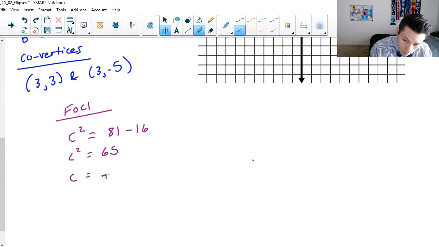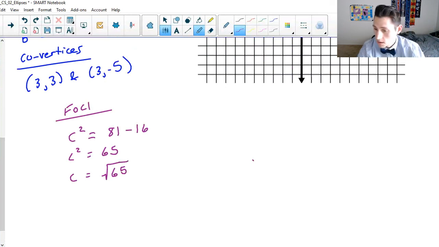So C equals square root of 65. Square root of 65, we can't simplify. 65 is 5 times 13, but that doesn't mean we reduce it.